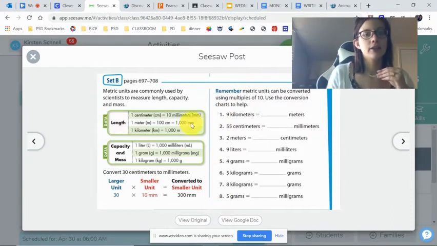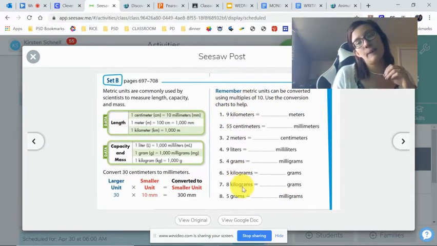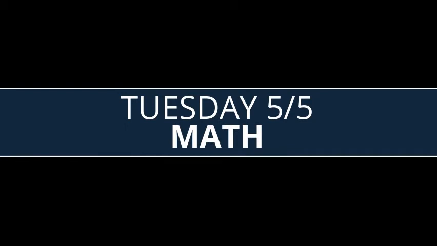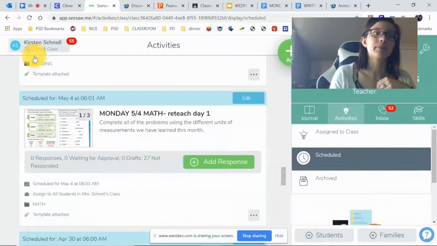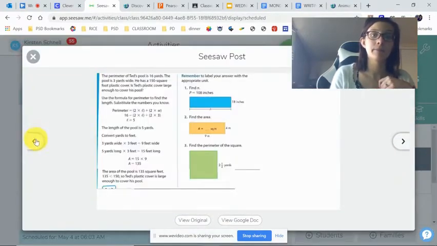And again, here are your units of length. And here are the metric units of length and capacity. And this is you converting them. And then this is scratch paper. Now on Tuesday, it's going to look very similar.